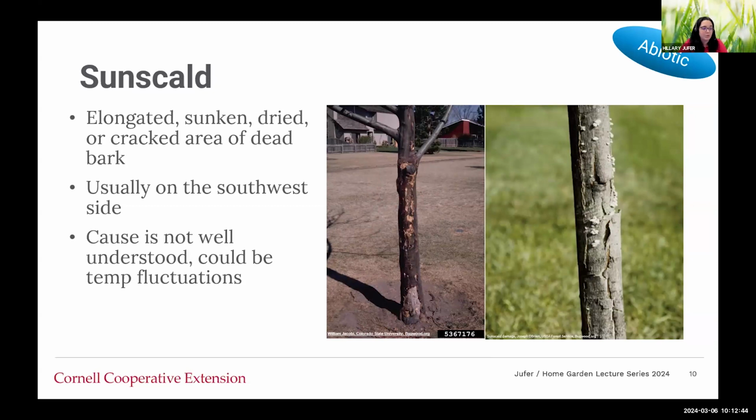It's usually on the southwest side of the trees, and its cause isn't really well understood, but they think it could be from the temperature fluctuations, because on cold days, the sun can warm the bark to the point where that area unfreezes. And when the sun sets or is shaded by a cloud, the tissue then refreezes and dies from that cycle. And it's usually seen in young trees, newly planted trees, and trees that have thin bark are usually what's going to be the most susceptible to sun scald.